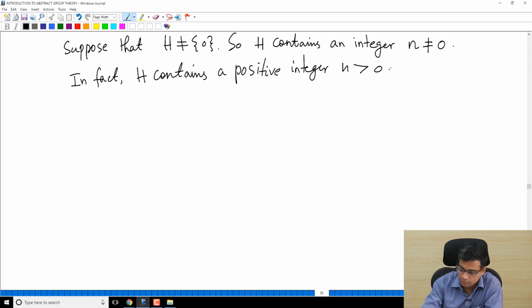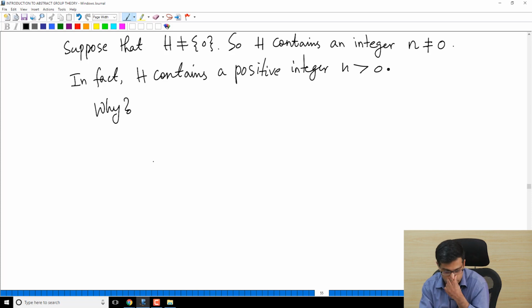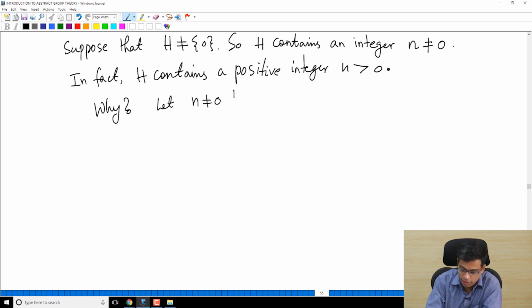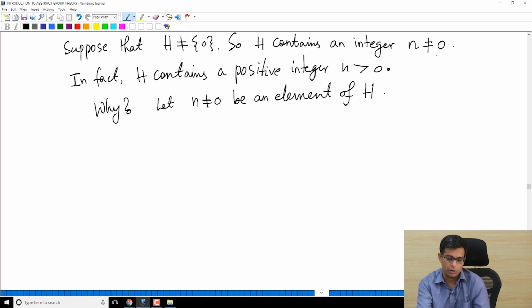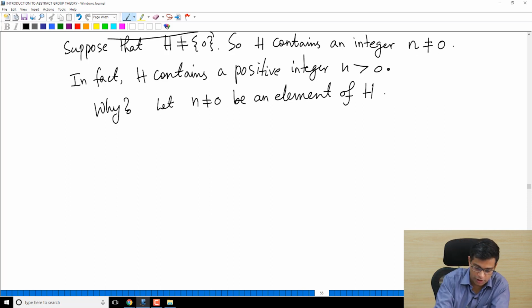Why is this? Okay, so I first said that H contains an integer n, non-zero. So, let n non-zero be an element of H. I know that there is a non-zero element, because I have assumed that H is not 0.